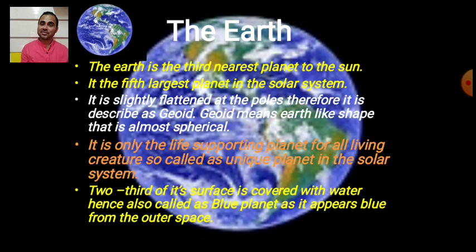Another interesting fact about the Earth is what? This planet, what is the name? Yes, the Earth. This planet is also called what? Blue planet. And the reason for calling this a blue planet is because it appears blue from outer space.